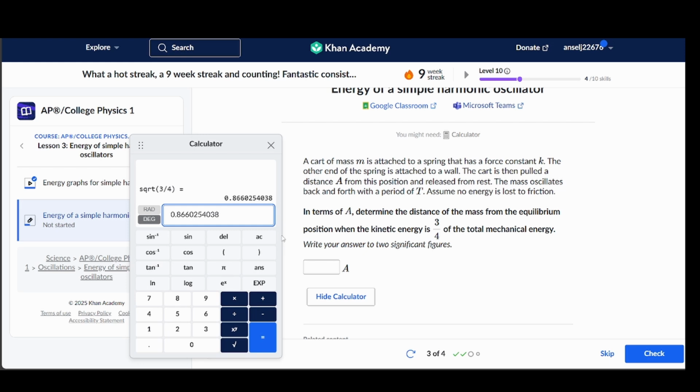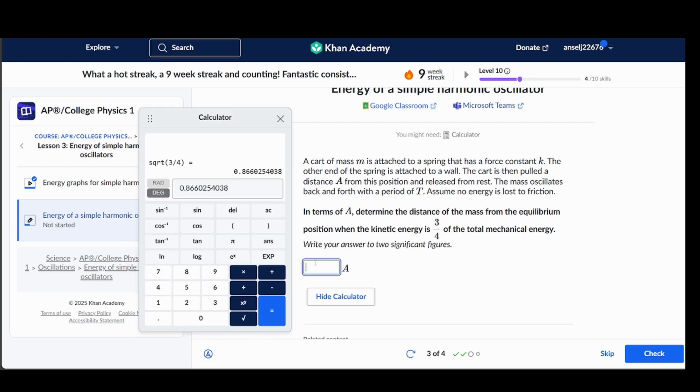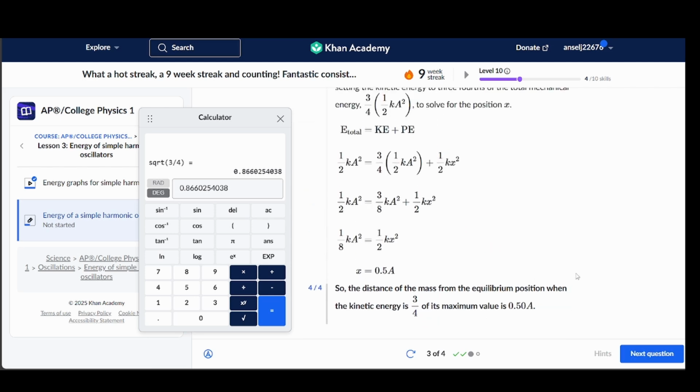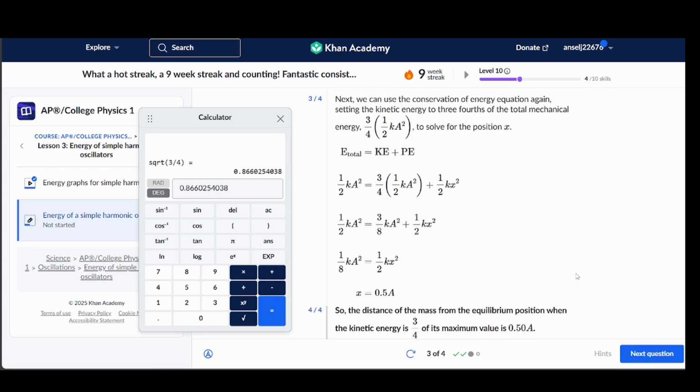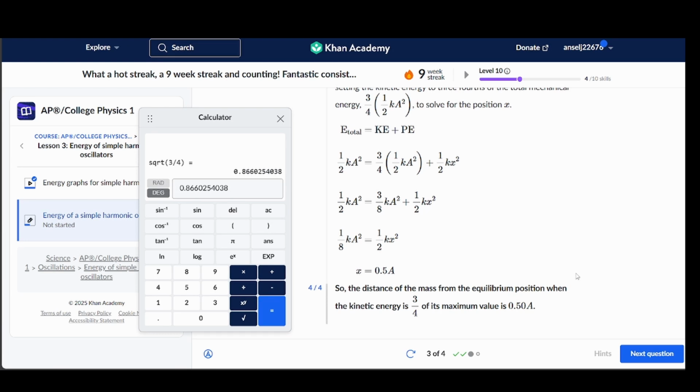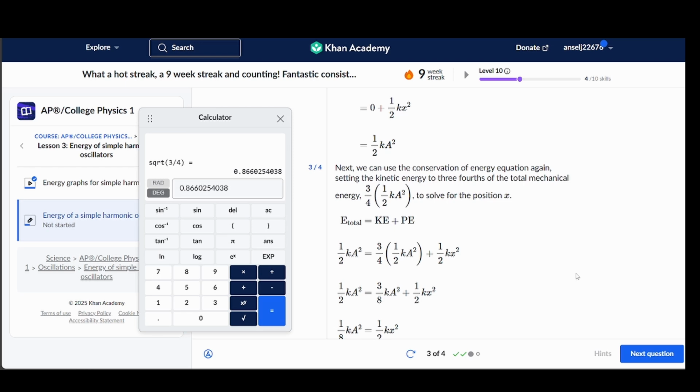This is a stretch. Yeah, that was a stretch. Half. Really? Really interesting.